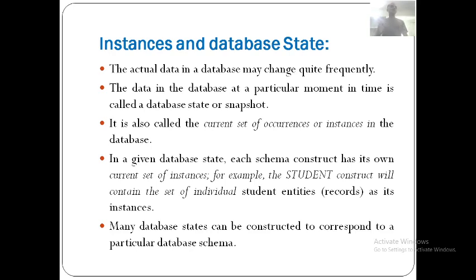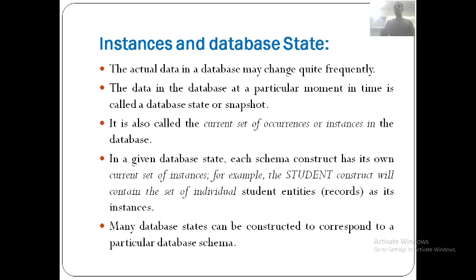Assume that I have a student database and I have entered only 3 rows for that student. Then what is the instance at that moment? The instance of that student database is 3.